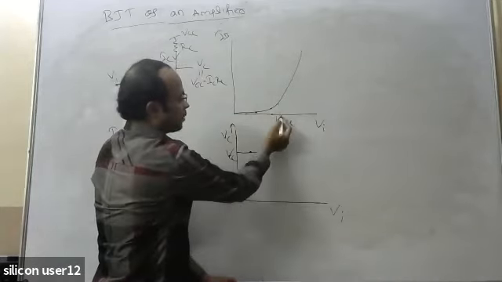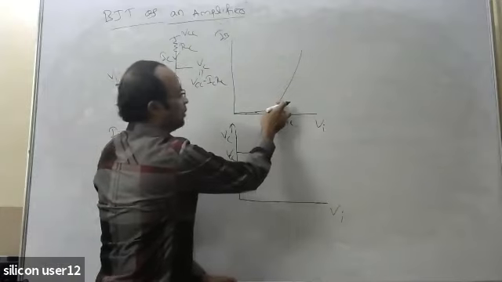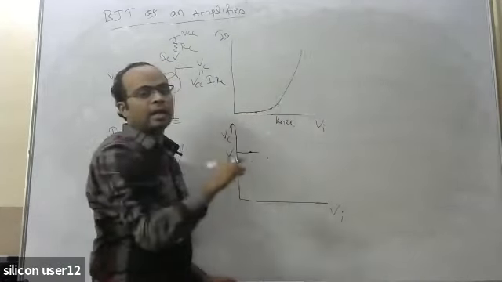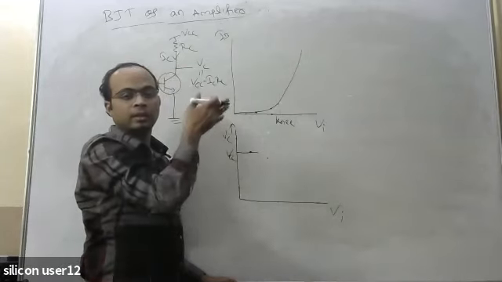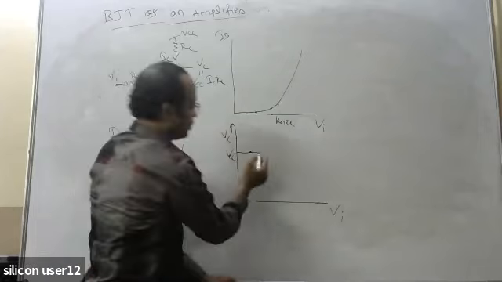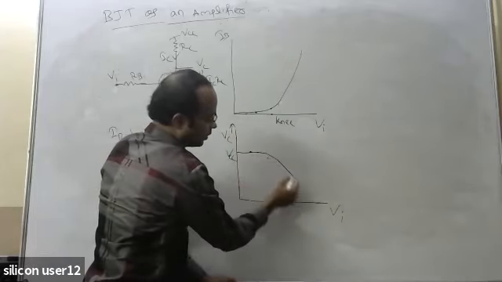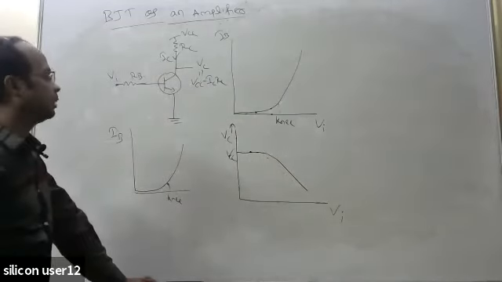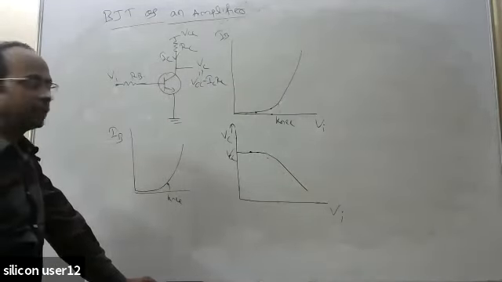After the knee point, what am I finding out? IB is increasing sharply. So if IB is increasing sharply, IC will also increase sharply, and VC will decrease sharply. So this will be the characteristic of VC with respect to your VI.